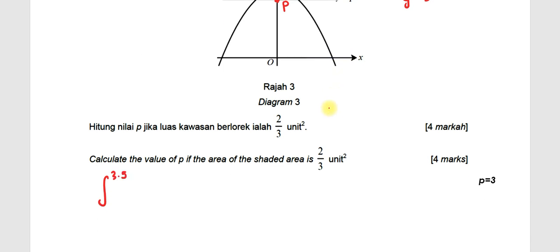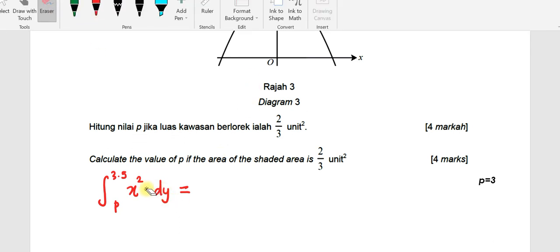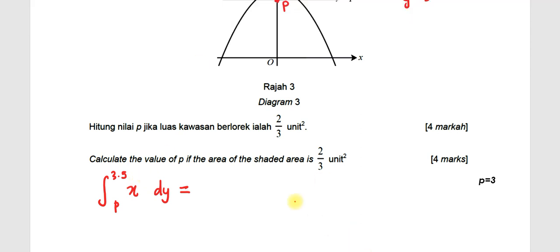This one lower limit. We are using y-axis. So make sure your equation is in terms of x. Correct or not? And then the area is 1 minute, not x square, x only. We are not finding the volume. Okay, we are finding the area.